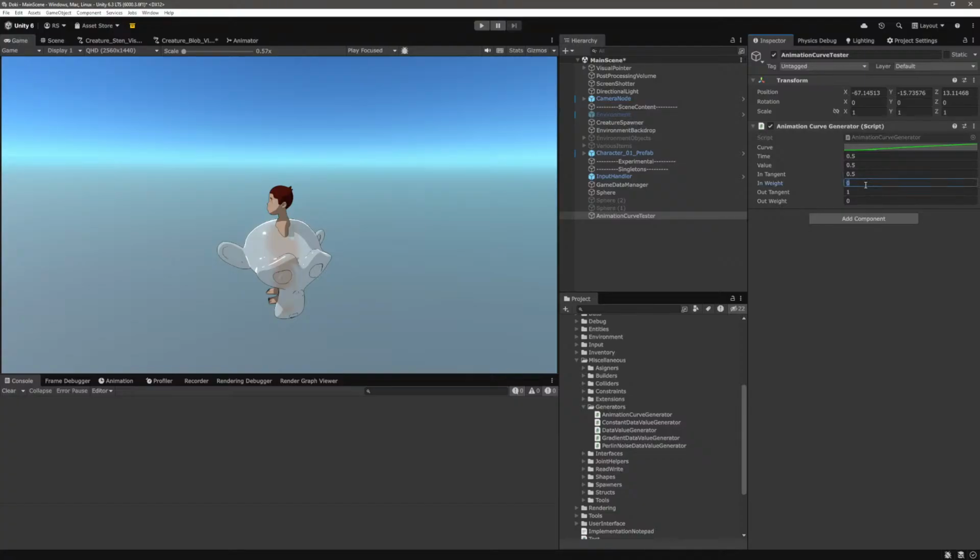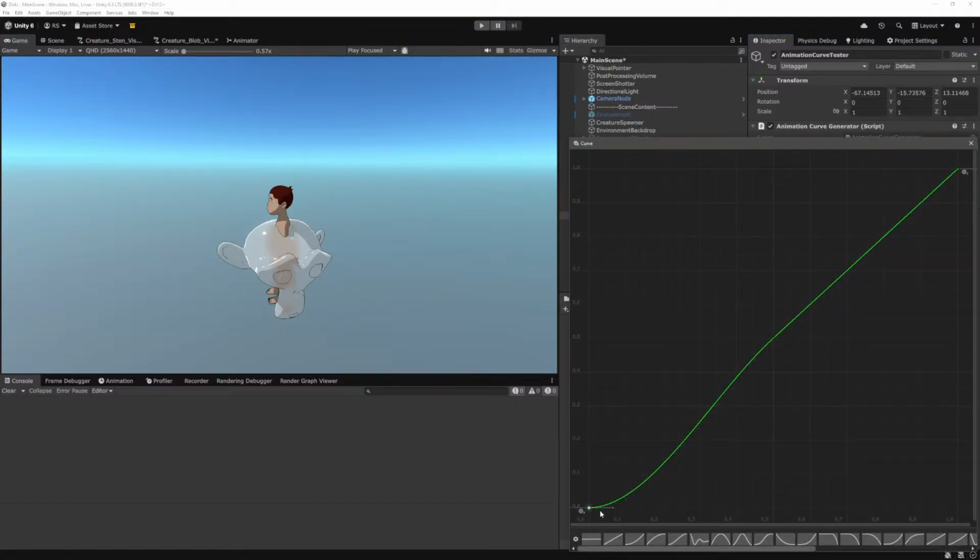Intangent 0.5. Intangent should probably be this one, right? Out tangent should be this one.